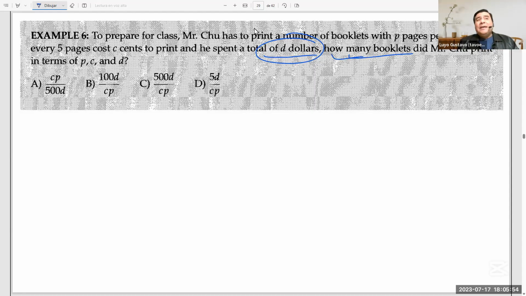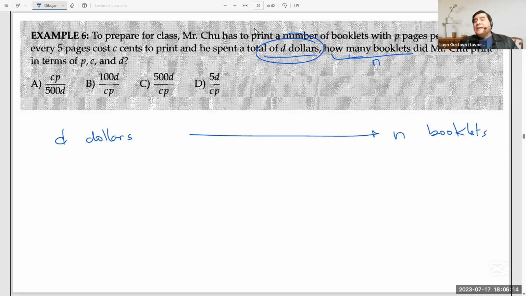So let's say the number of booklets is, I don't know, N. Let's call it N. You want to get from D dollars to N booklets. But in between, there is a number of conversions to achieve, right? Because booklets means a number of pages in total.